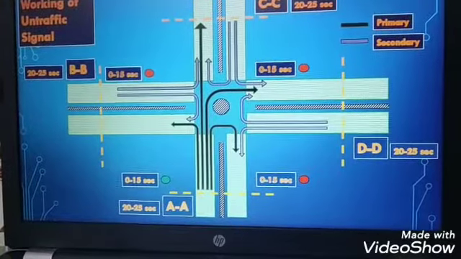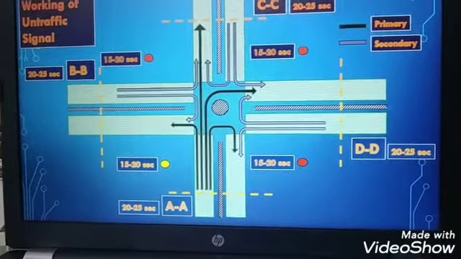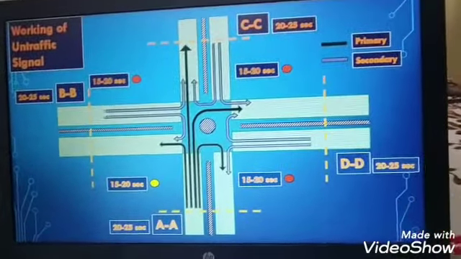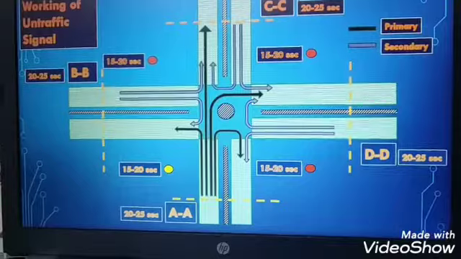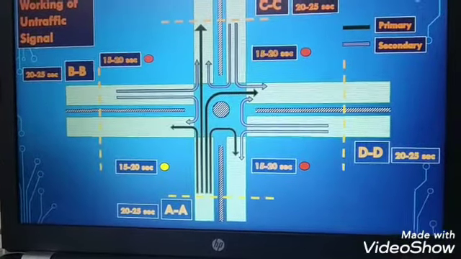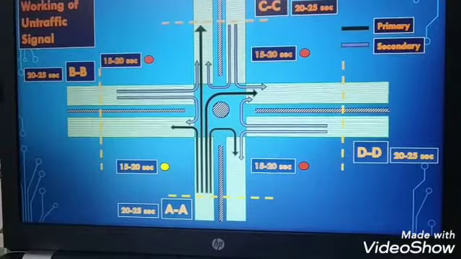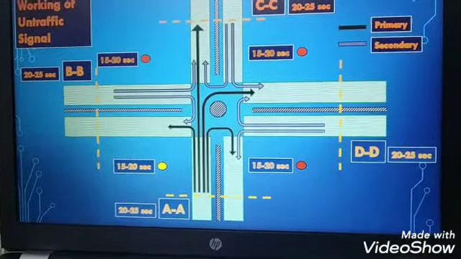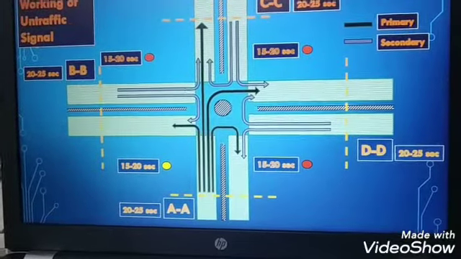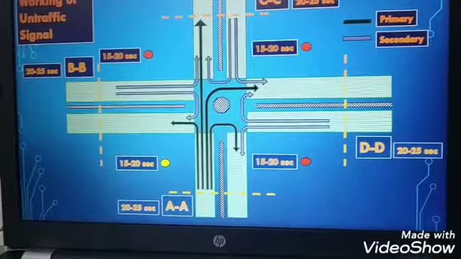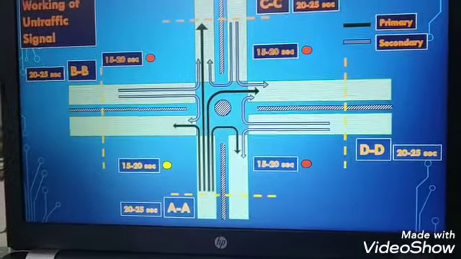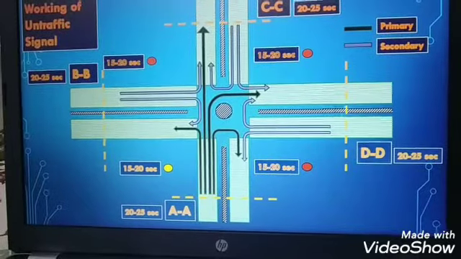Now in the next 15 to 20 seconds, AA will be shown all 4 arrows in yellow signal, so that they are ready for transition, and they try to slow down the traffic and be ready for BB lanes to become primary and allow their smooth traffic. Also in this time, BB, CC and DD will be shown red signal itself.